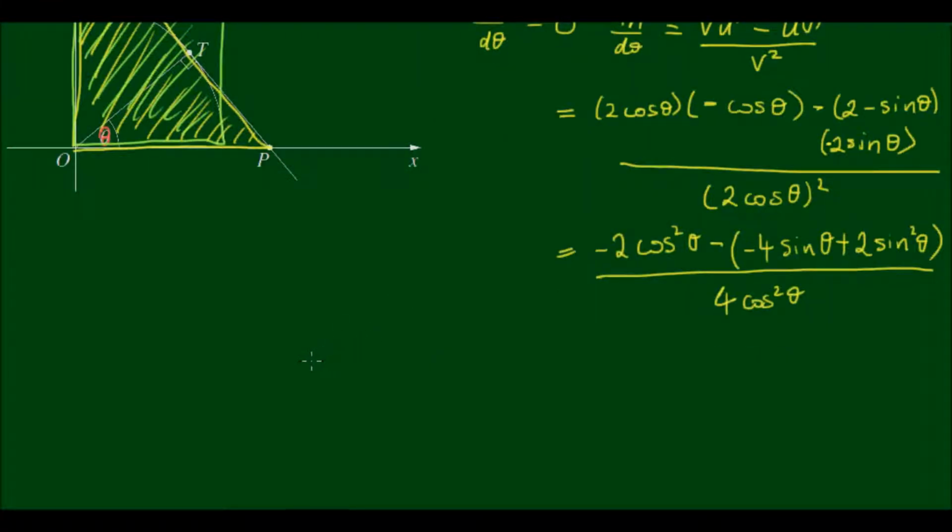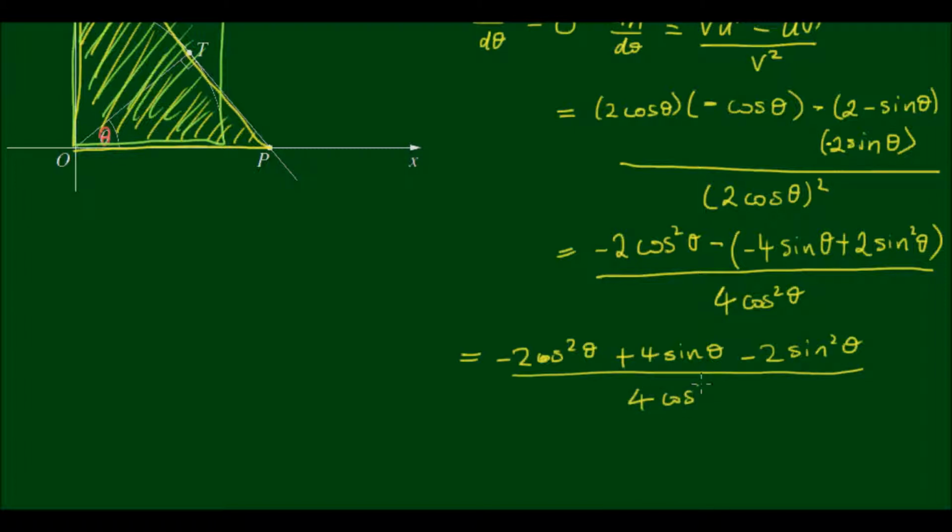Okay, so carrying out this further, we'll have negative 2 cos squared theta plus 4 sine theta minus 2 sine squared theta all over 4 cos squared theta.